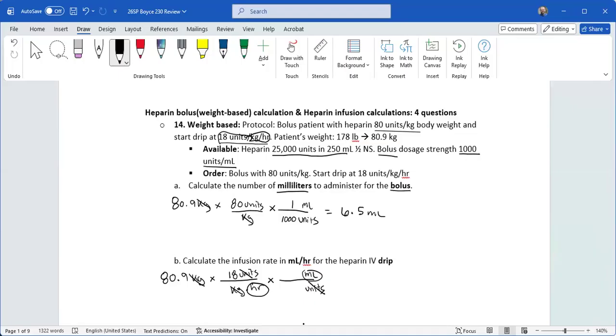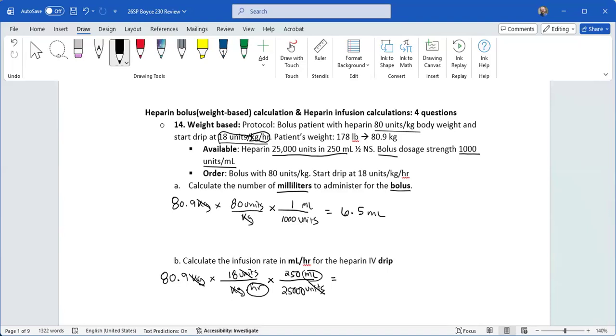So this is the 25,000 units, 250 ml half normal saline. That's the information we want to use for calculating our flow rate. So the 25,000 units goes down here. The 250 ml goes up here. And we'll solve for this.